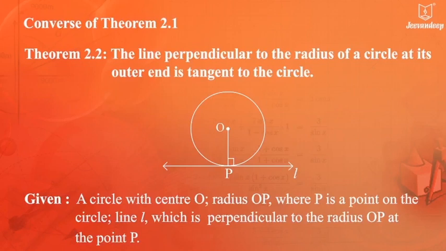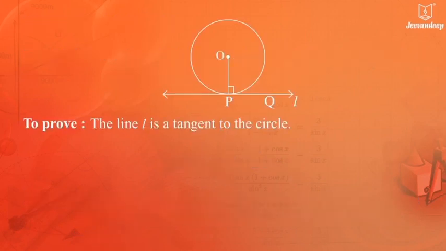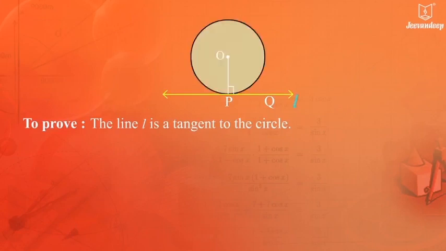Given a circle with center O, radius OP, where P is a point on the circle, line L, which is perpendicular to the radius OP at point P. To prove: line L is a tangent to the circle.